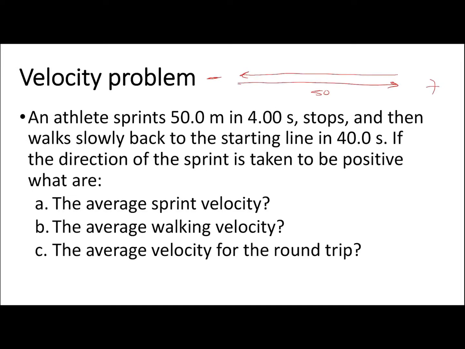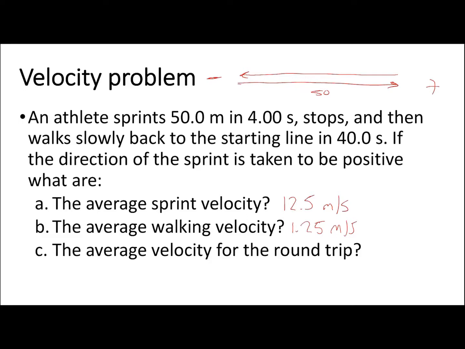All right, our answers should be: 50 over 4 will give us 12.5 meters per second. And then 50 over 40, well, that's going to give us 1.25 meters per second.